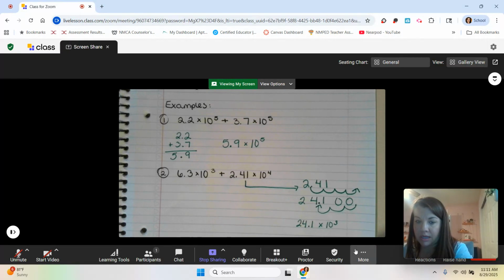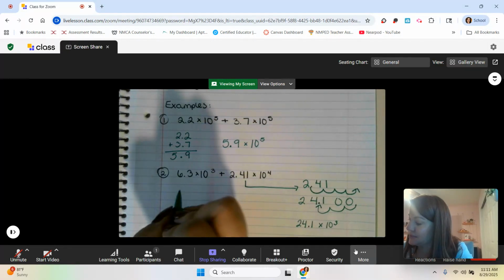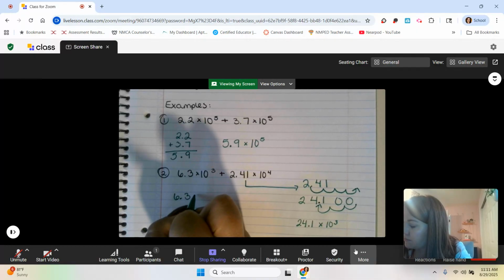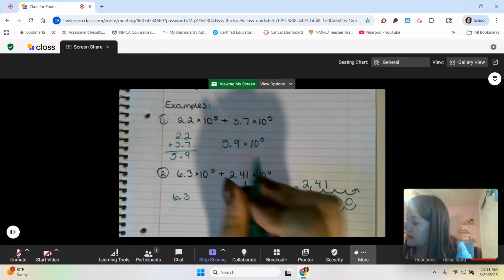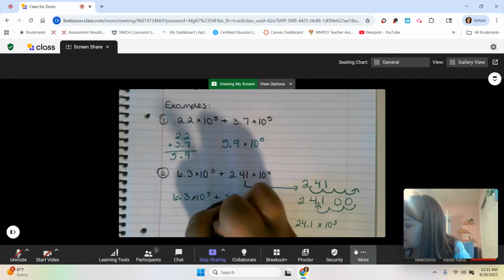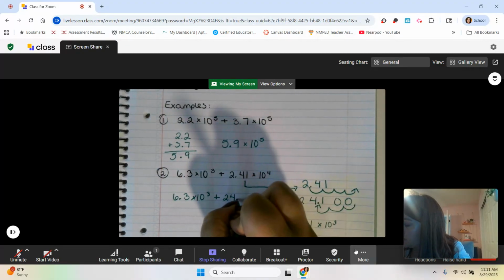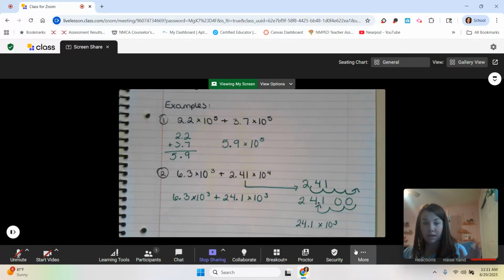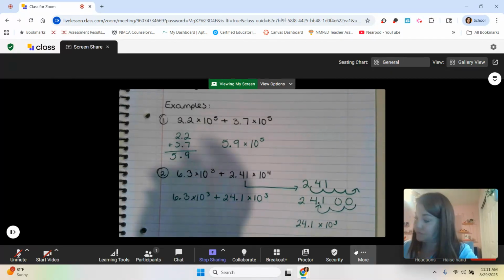Okay? Now, the nice thing about that is now I have 6.3 times 10 to the 3rd plus 24.1 times 10 to the 3rd. Now, I can add everything together. And then if I need to, I can move my decimal point back, which most likely I will.